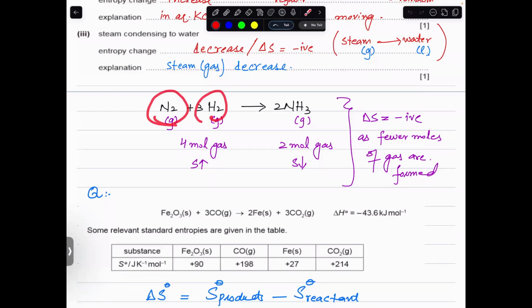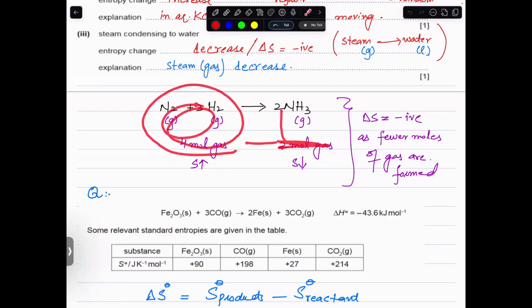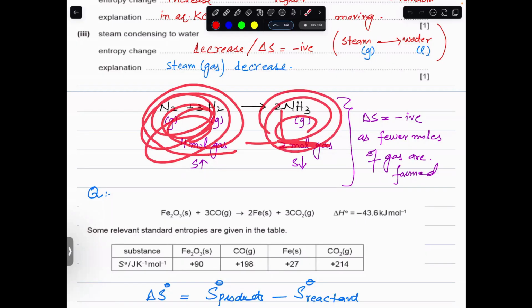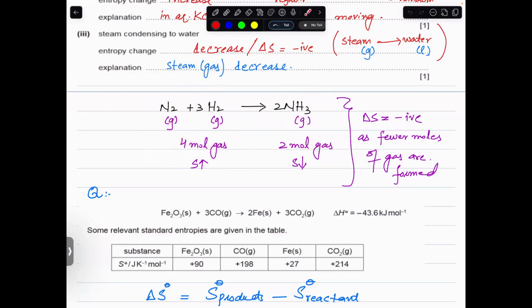Nitrogen plus hydrogen gives ammonia. This is gas, this is gas, this is gas, but 4 moles of gas are making 2 moles of gas. The 4 moles have more chaos, randomness, than 2 moles. The disorder decreases. Fewer moles of gases are formed.